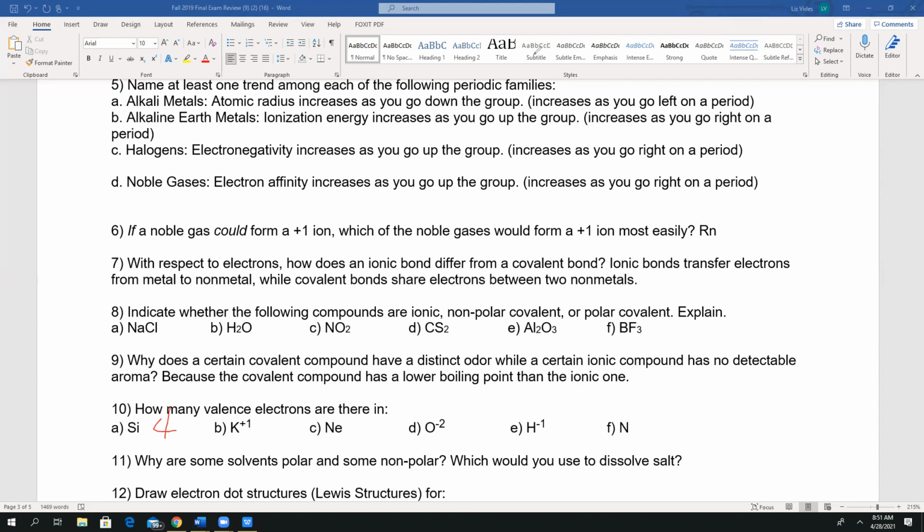Potassium really only has 1, but potassium plus 1 actually has 8, like neon. Oxygen 2 negative normally has 6, but you add 2 and it has 8. Hydrogen negative 1 means you have added 1, so it's 2. And nitrogen normally has 5. See that?